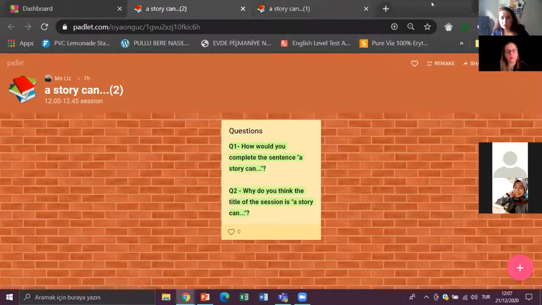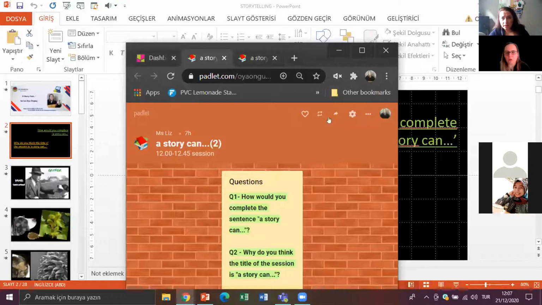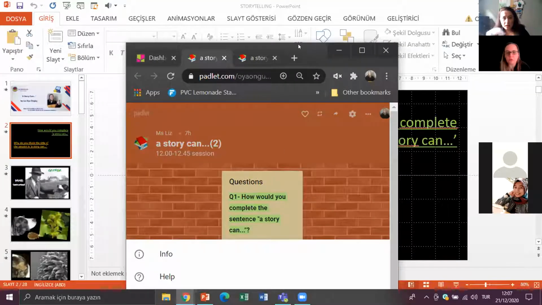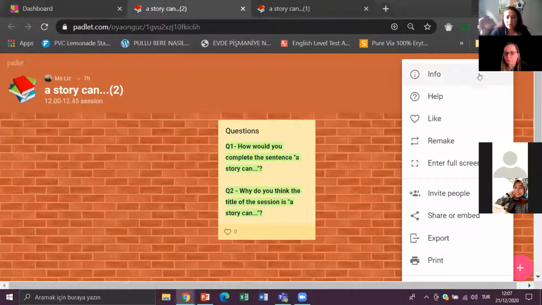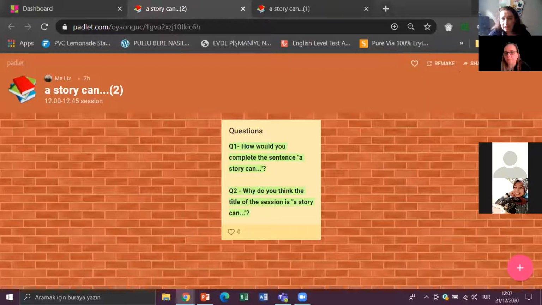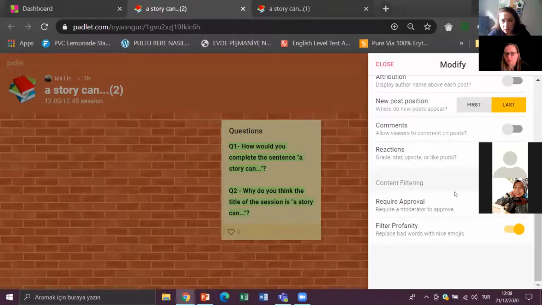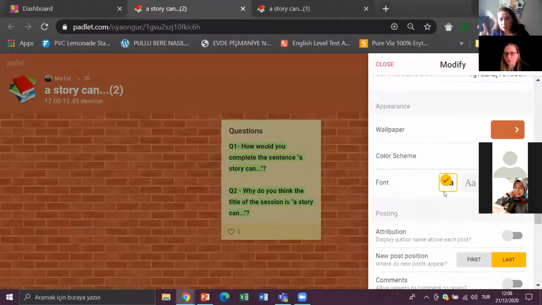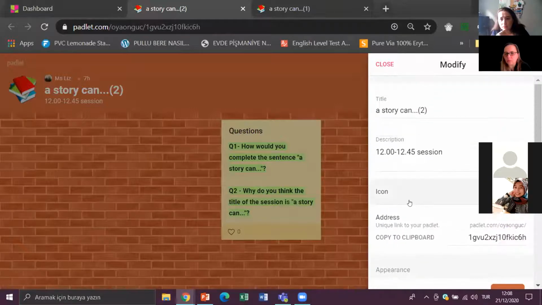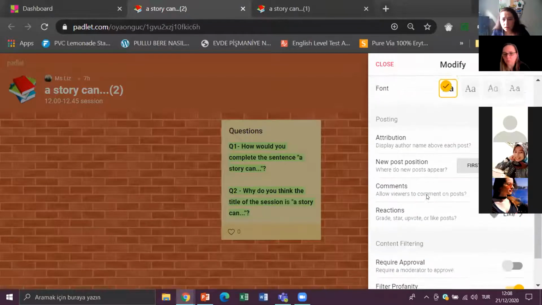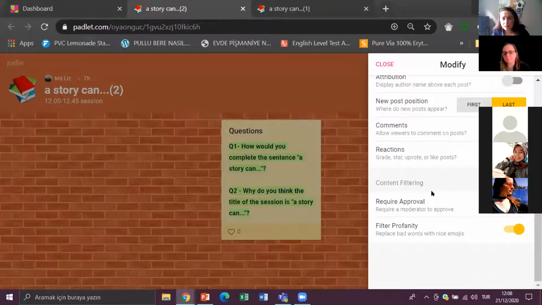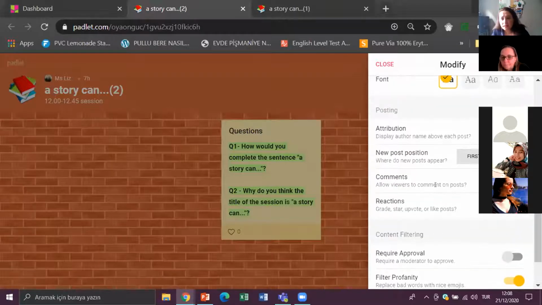Can you click on the 3 dots on the right-hand side? Yes. Right next to this one. Yeah, that. And then down, and hold on a second. Require approval. Can you go a little up? Wallpaper, address, access, story can. Posting, display. No comments.